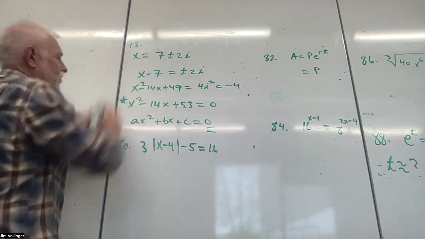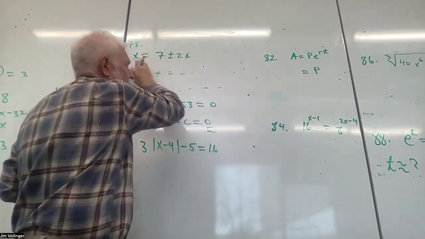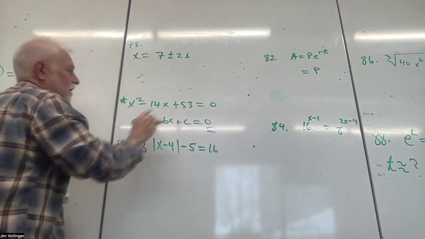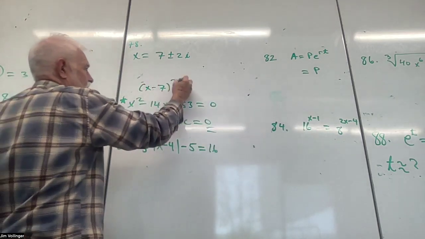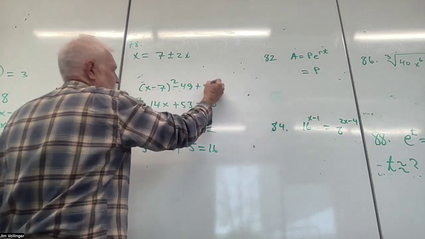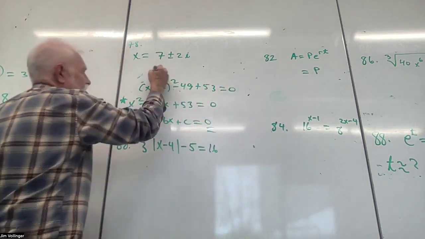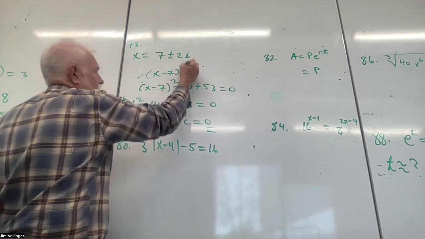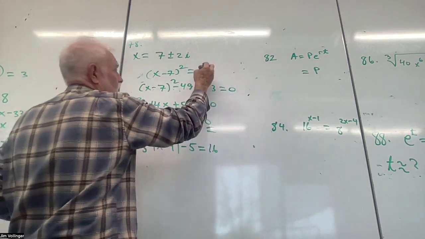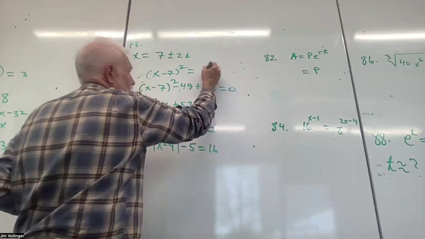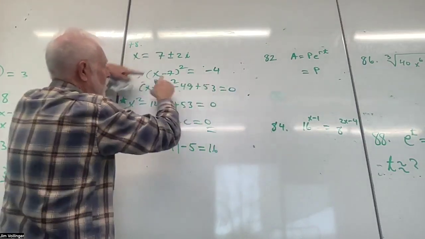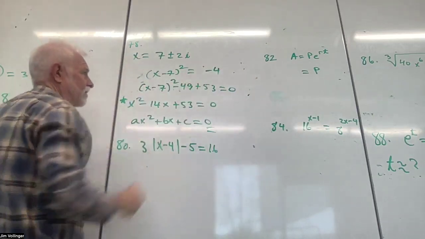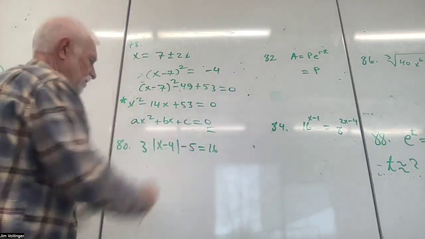Well, let's go in the other direction. Let's complete the square and see where it comes from. So first thing I'm going to do is write that as x minus 7 squared minus 49 plus 53 equals 0. So that's x minus 7 squared is equal to +4 on the other side becomes -4. Right, and I hope you can see where the plus minus 2i is going to come and where -7 becomes +7. All right, equals 16.